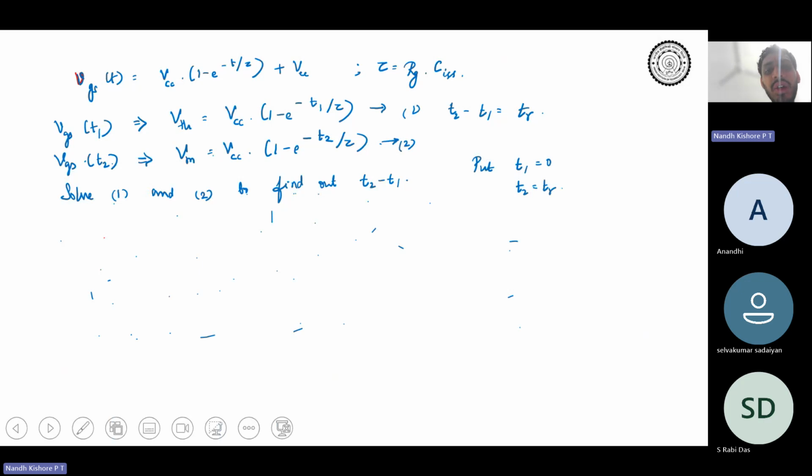Because we are finding the difference between T2 and T1, why confuse ourselves with another variable? A simpler way is to put T1 equal to 0 and T2 equal to TR. That way you can directly find the answer.